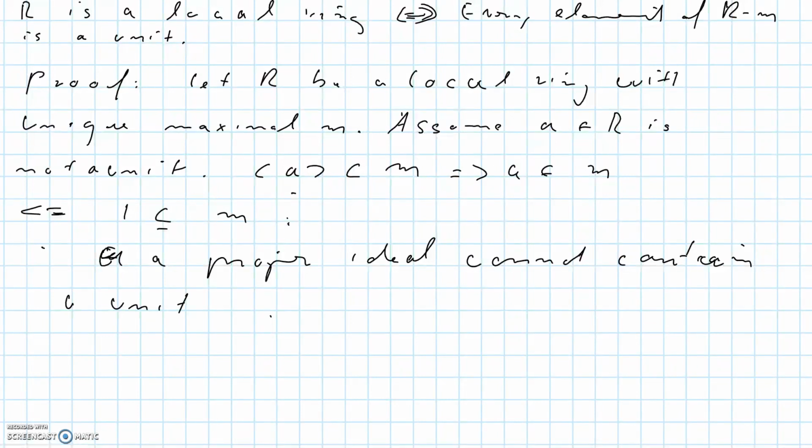because if it would contain a unit, it would contain 1, and thus it would be R, which is certainly not a proper ideal. So what we are saying here is that such a proper ideal cannot contain an element of the complement of M. So this ideal I, which is a proper ideal, has to be in M. And yeah, this shows every proper ideal is contained in M, so M is the unique maximal ideal.